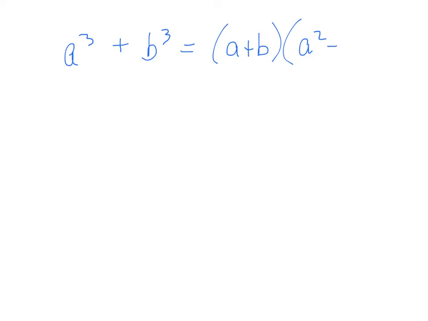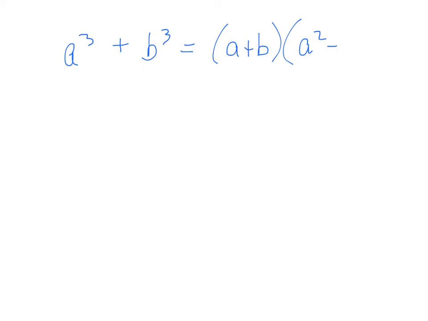So let's look at an example now. All right, let's apply this rule. The rule tells me if I have a cubed plus b cubed, I'm going to make this a plus b. I keep the sign, and then I switch the sign here. A squared, what is the middle term going to be? Anybody remember the middle term? You need to memorize this. Go ahead. Negative what?